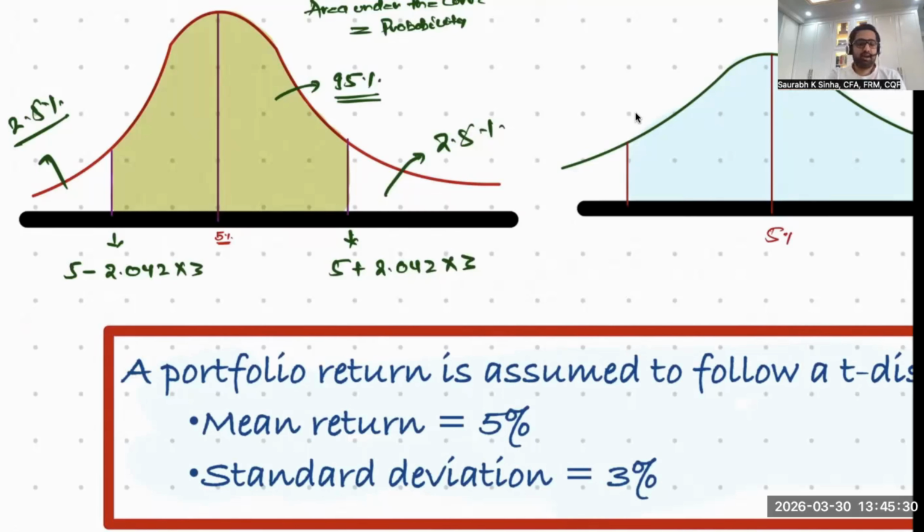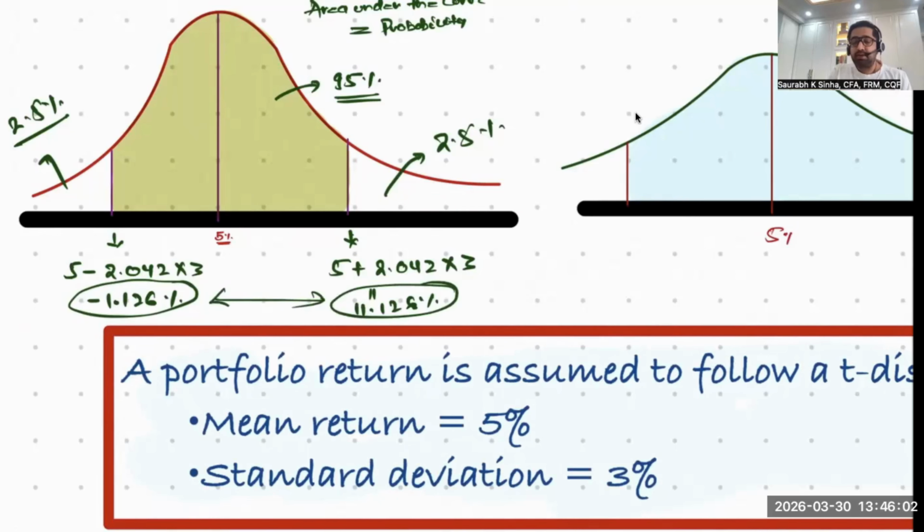So let's calculate the value. 2.042 into 3 will come as 6.126. So 6.126 plus 5 will become 11.126. And if you subtract it from 5, it will become negative 1.126. Now, what do these two numbers represent?